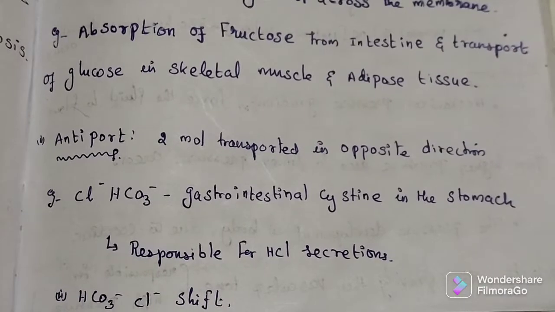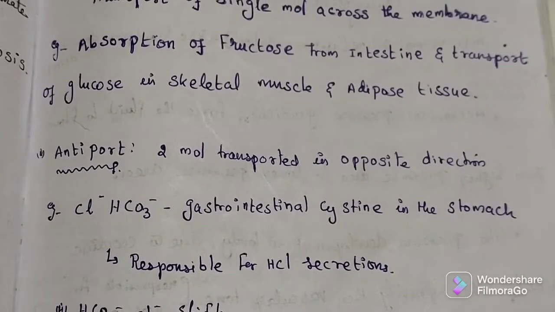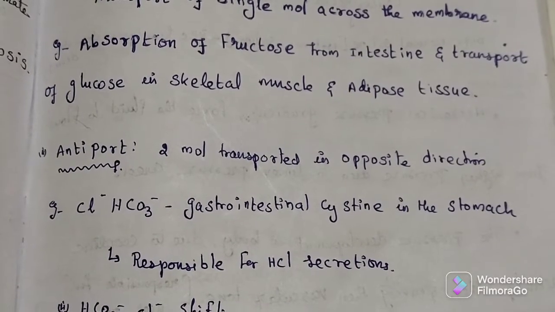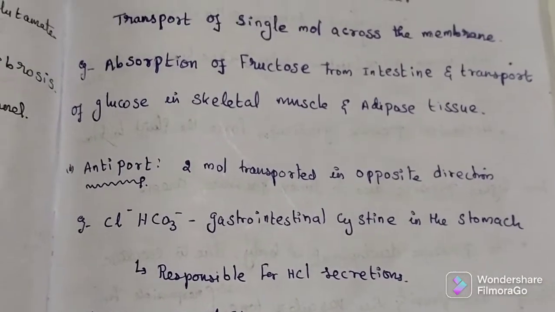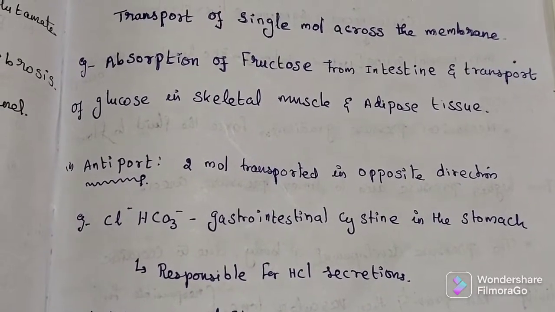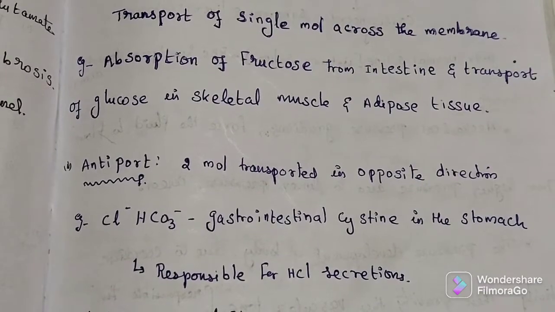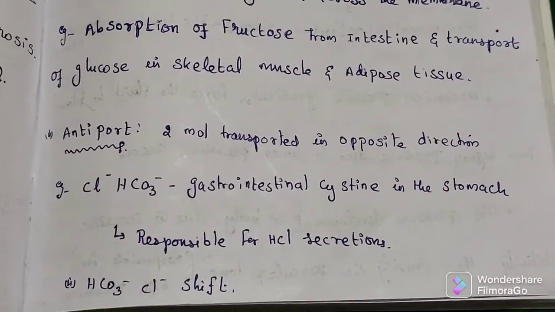Second one is the bicarbonate chloride shift, the chloride shift in RBC. These are the two examples of antiport.